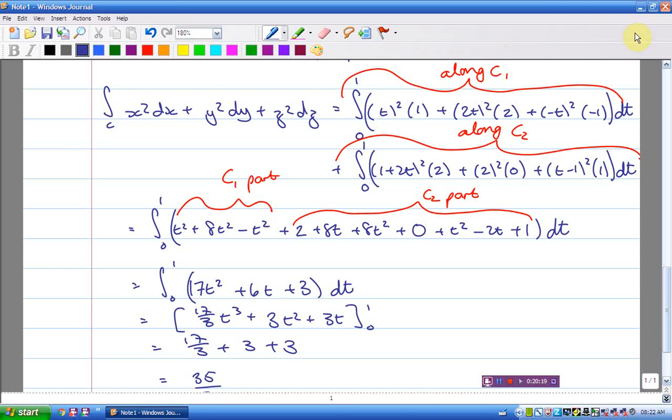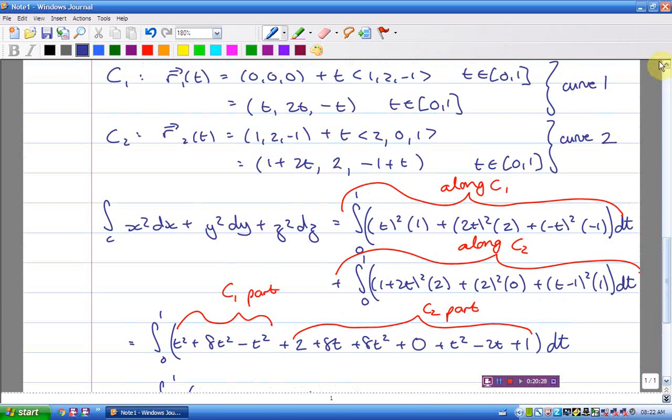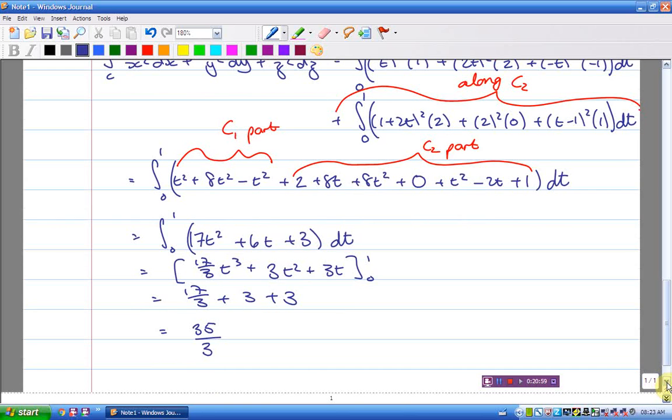So the question is, if we had used a different letter for our parameter, say for curve 1 we used T, and for curve 2 we used an S, then our second integral would have been full of S's, not T's, and we would have kept them as two separate integrals rather than combining them, but we still would have ended up with the same numerical result at the end. And in fact, in the solutions that I typed up, even though I used T for both, I actually didn't even combine them. So it's not something that you have to do.